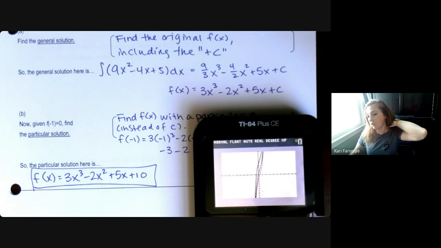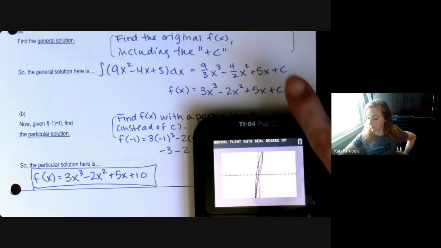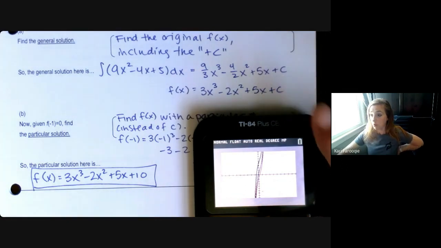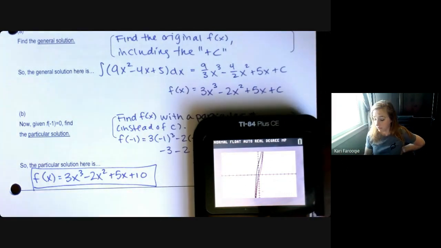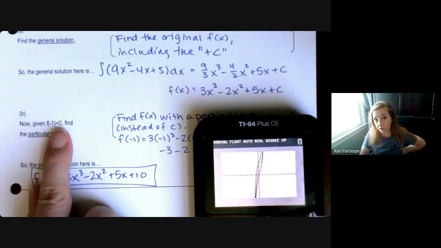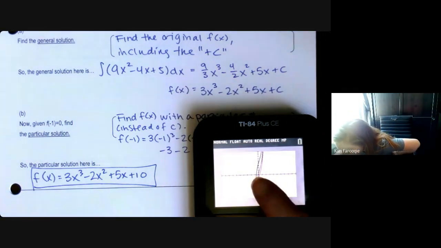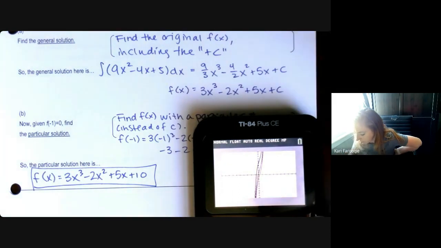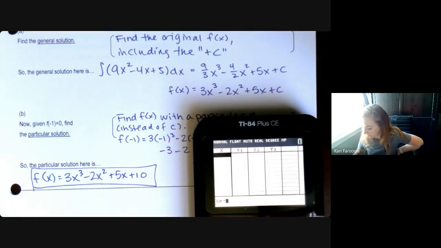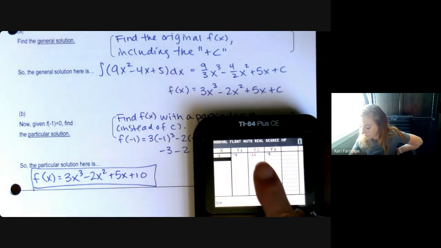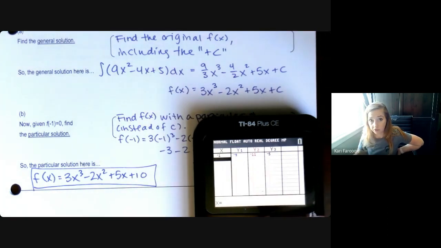These are all just curves you could have generated based on different values of C, but none of these curves contain the point -1, 0. So what we're looking at here is that we've got a point at -1, 0. Notice if you go to your table and you let x be -1, none of these have y values of 0.